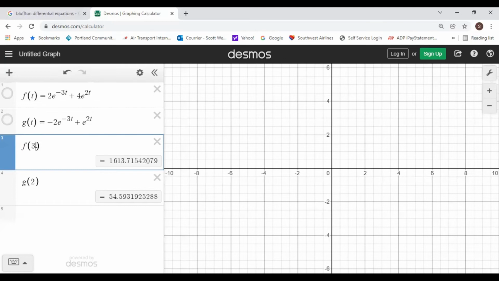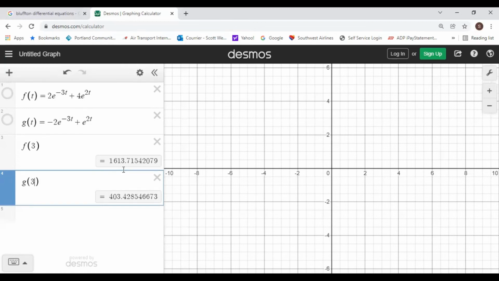And we have here 54. Oh, I haven't done that one yet. So notice these values are getting quite large, quite fast. This is another reason why we don't want to do it by hand. So 403.43.